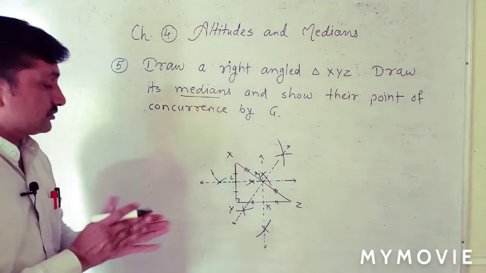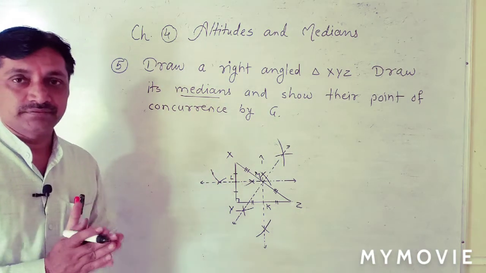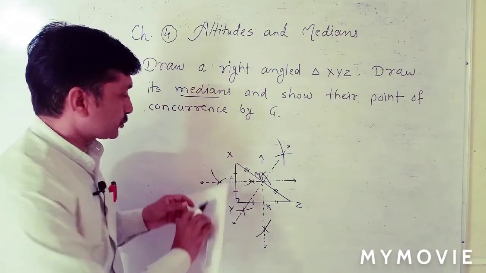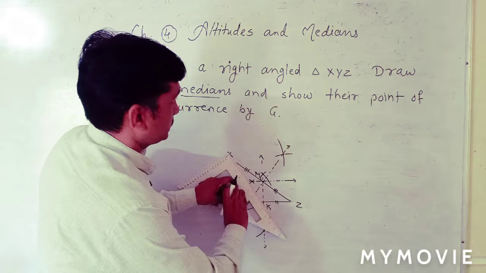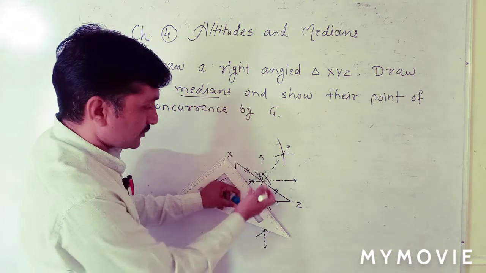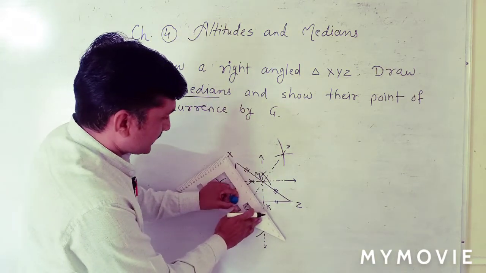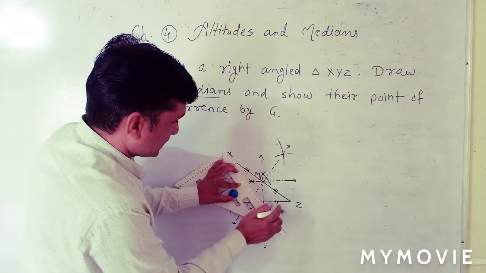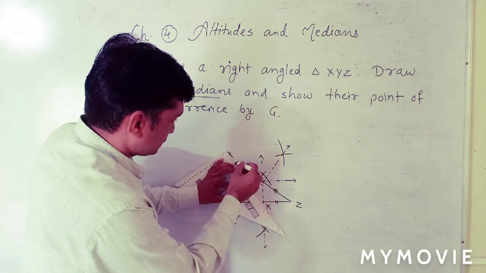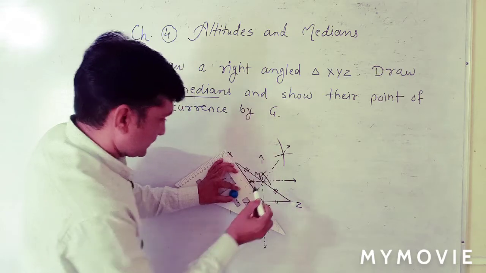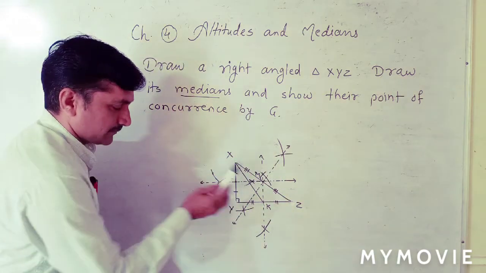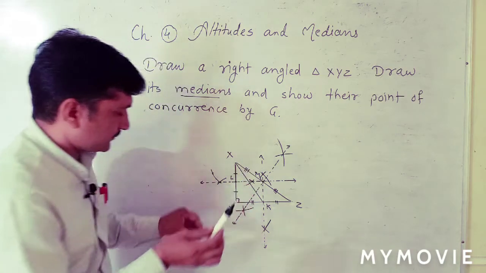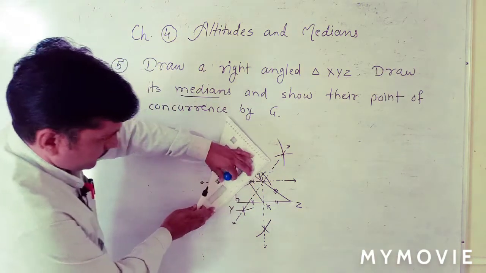Medians we have drawn? No, these are midpoints, not medians. We have to draw medians now. Okay, join. It is stated, draw medians. These are all midpoints. Now median XK. XK is the first median. Second, YM.